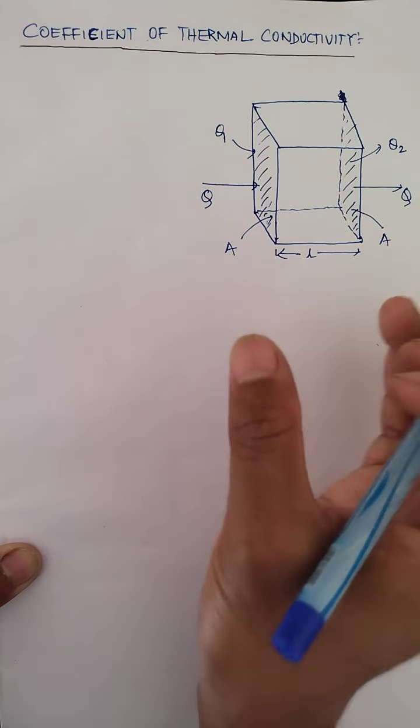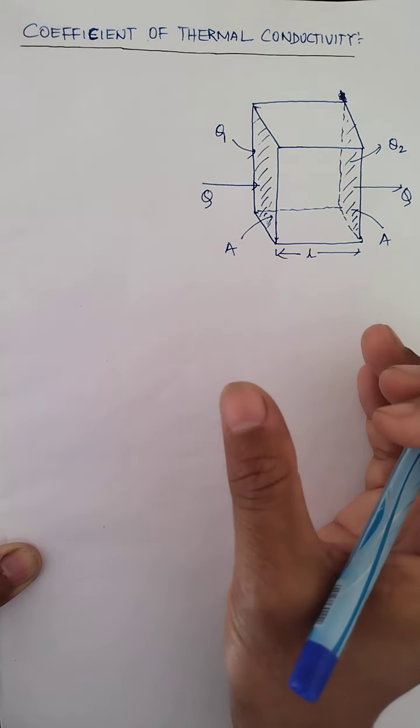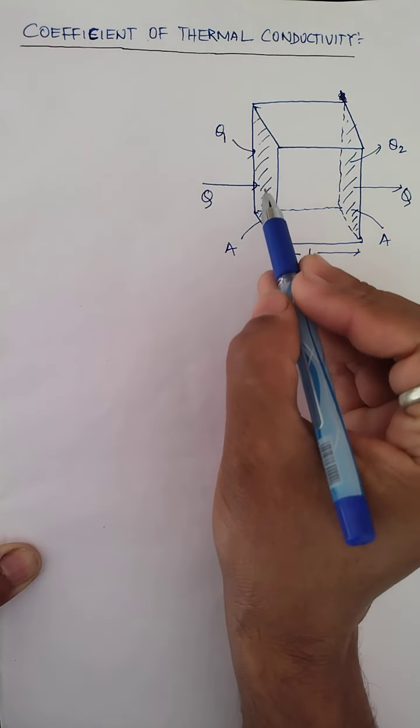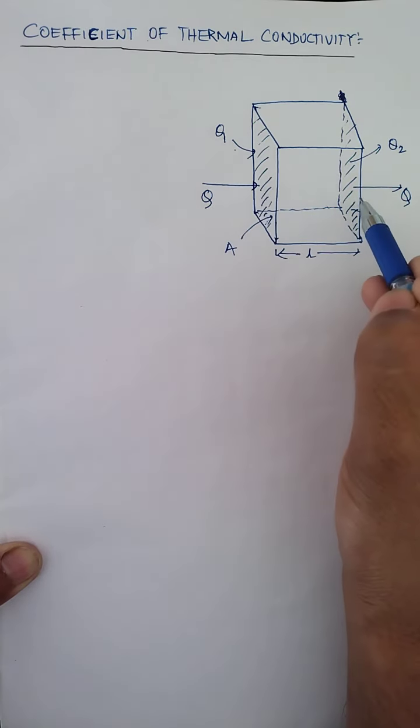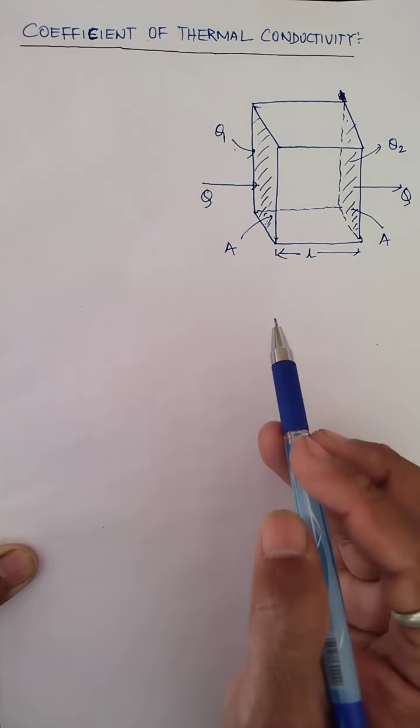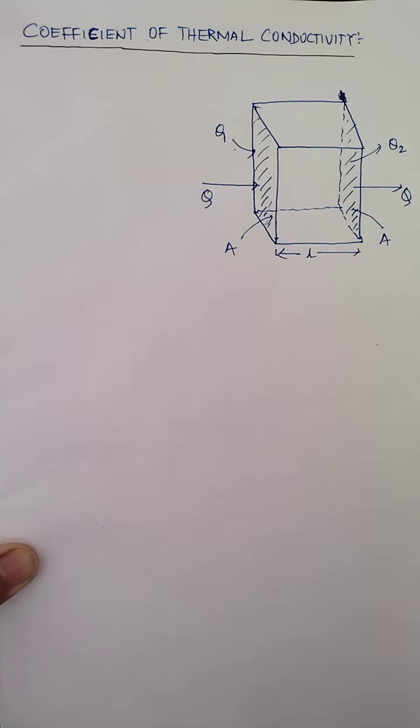That means we derive the expression of coefficient of thermal conductivity under steady state. And children, you know very well that heat always flows from a body at higher temperature to a body at lower temperature.